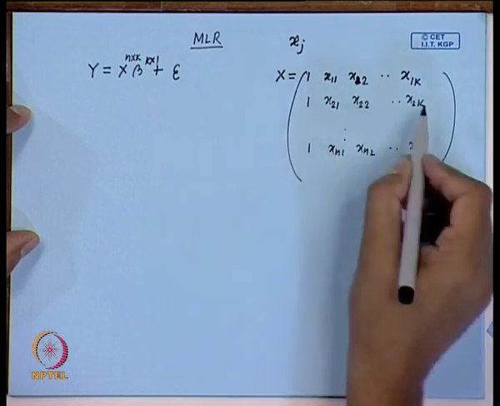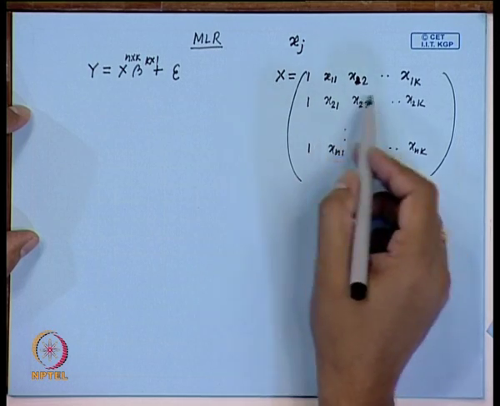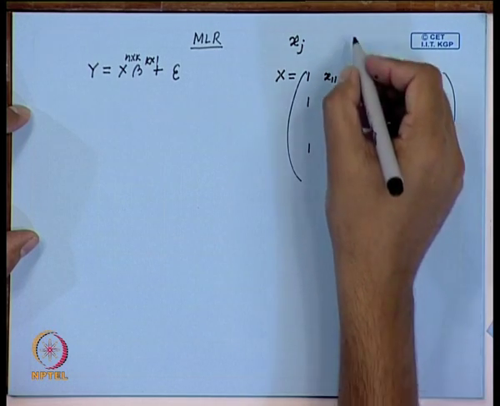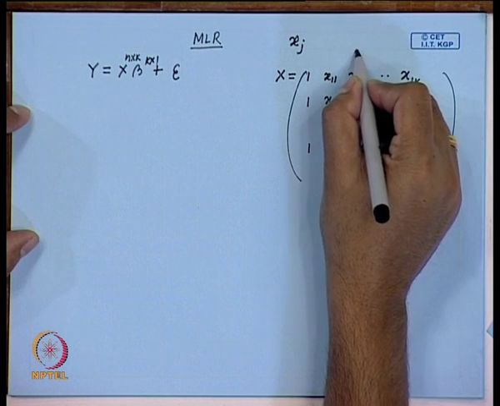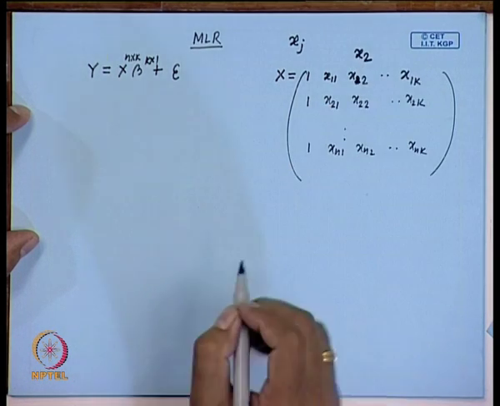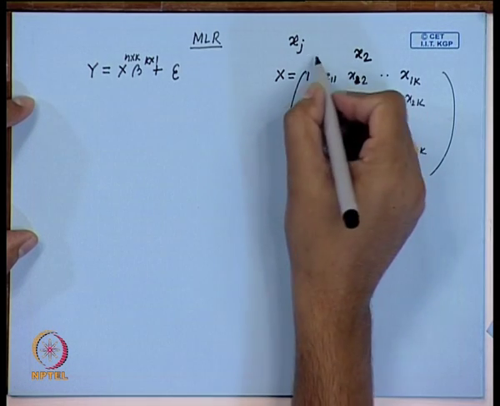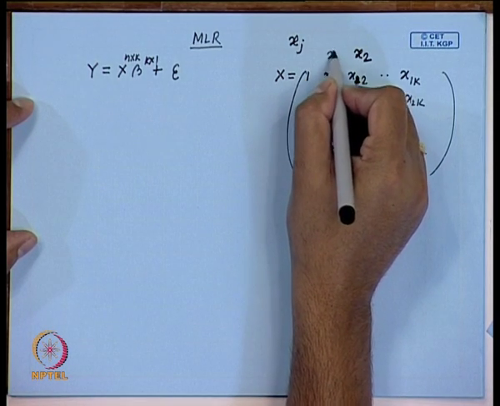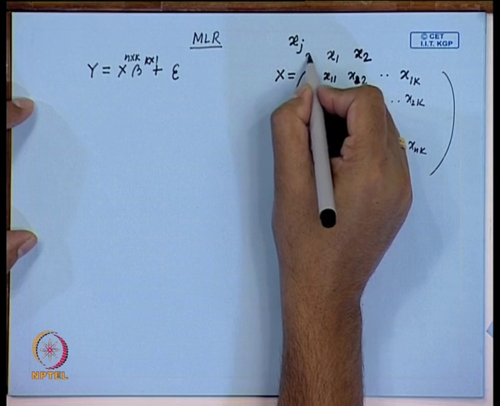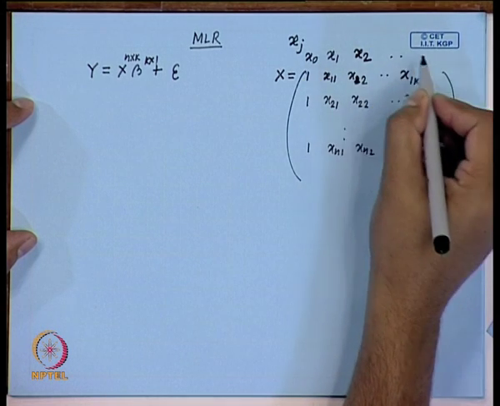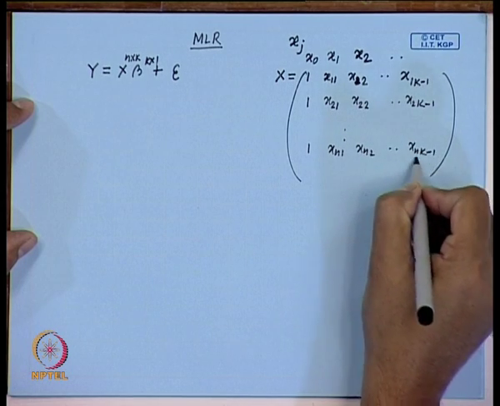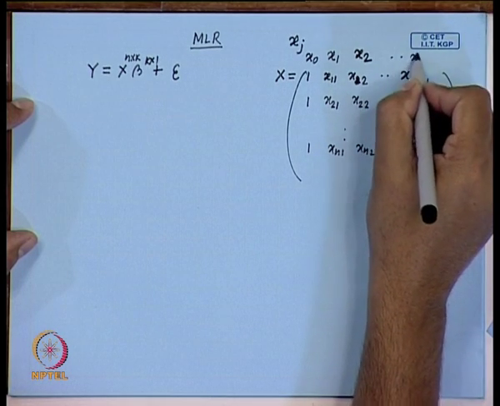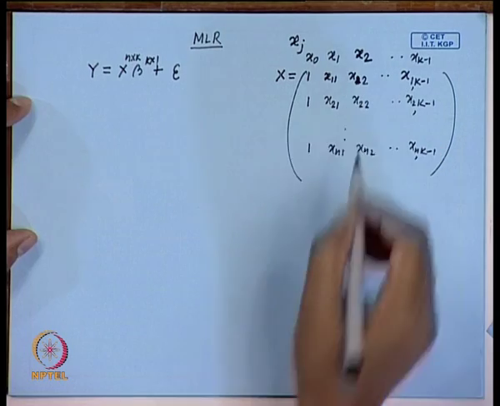The rows correspond to the observations, so there are n observations, and the columns correspond to the regressors. This is the column associated with the second regressor x2. Okay. This first column is x0, and the last column is x k minus 1.